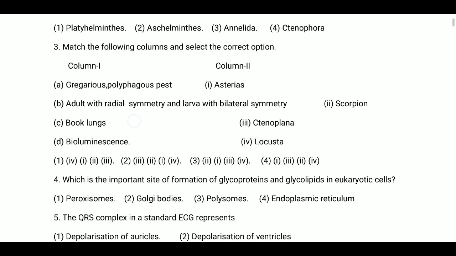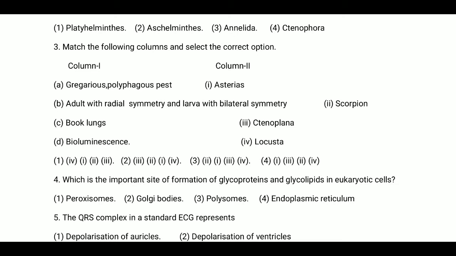Then match the following columns and select the correct option. Gregarious polyphagous pest, Asterias, adult with radial symmetry and larva with bilateral symmetry, scorpion, book lungs, Ctenoplana, bioluminescence, Locusta.